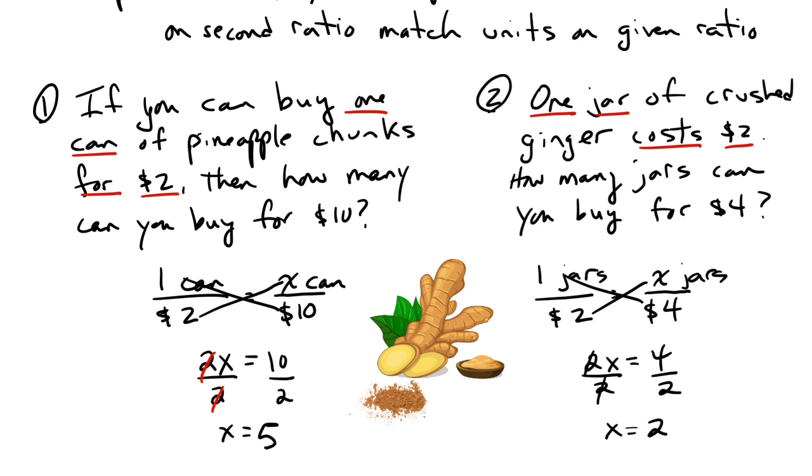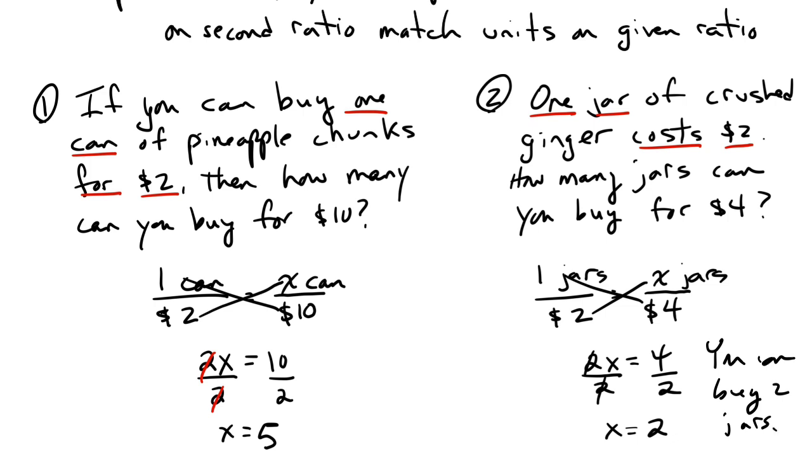So we should be writing, you can buy 2 jars. Over here we should be saying, you can buy 5 cans.